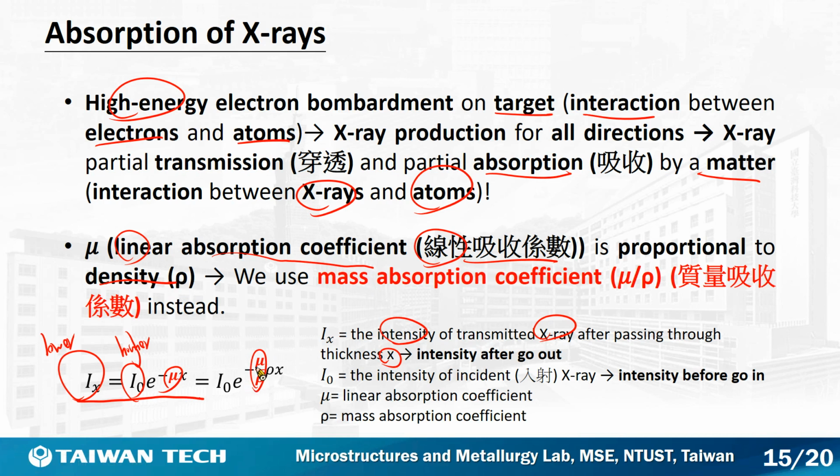This has nothing to do with the density, but we need to give it a rho here. We can rewrite this with these equations. The linear absorption coefficient is mu, and for mu over rho, we call it the mass absorption coefficient.